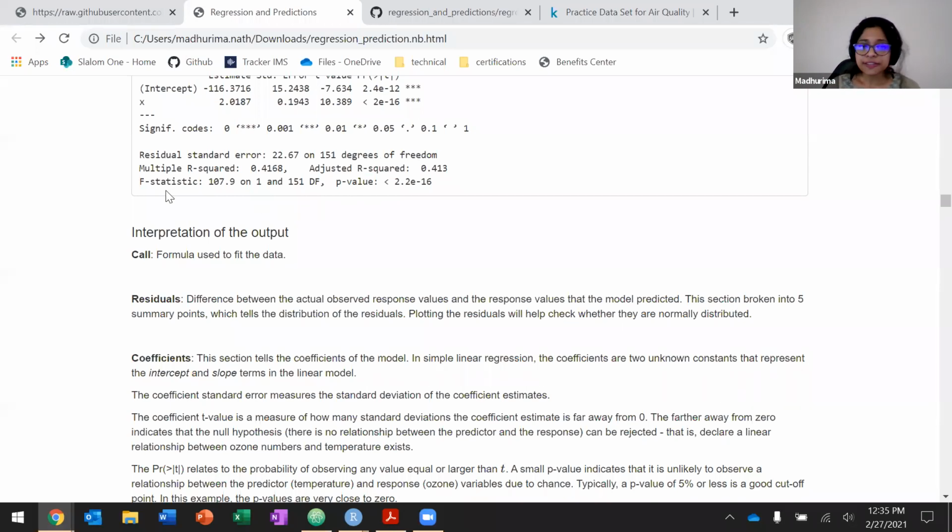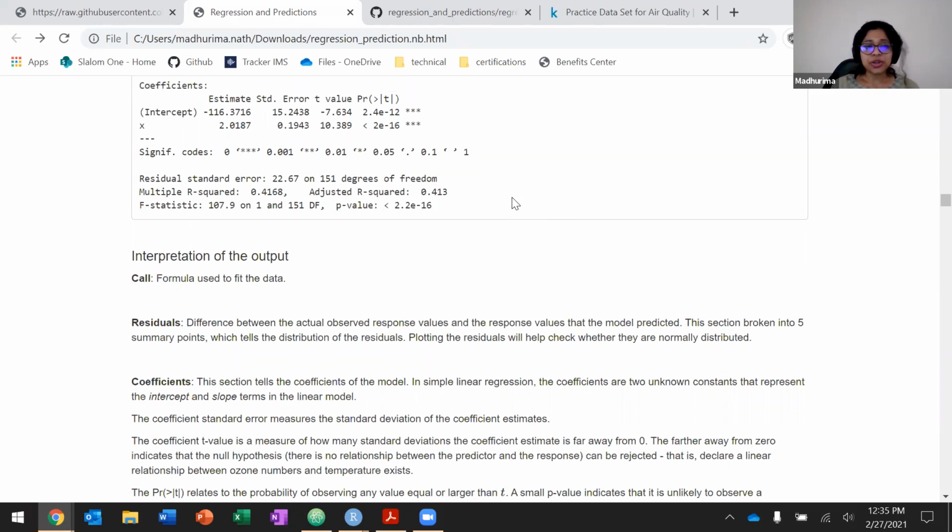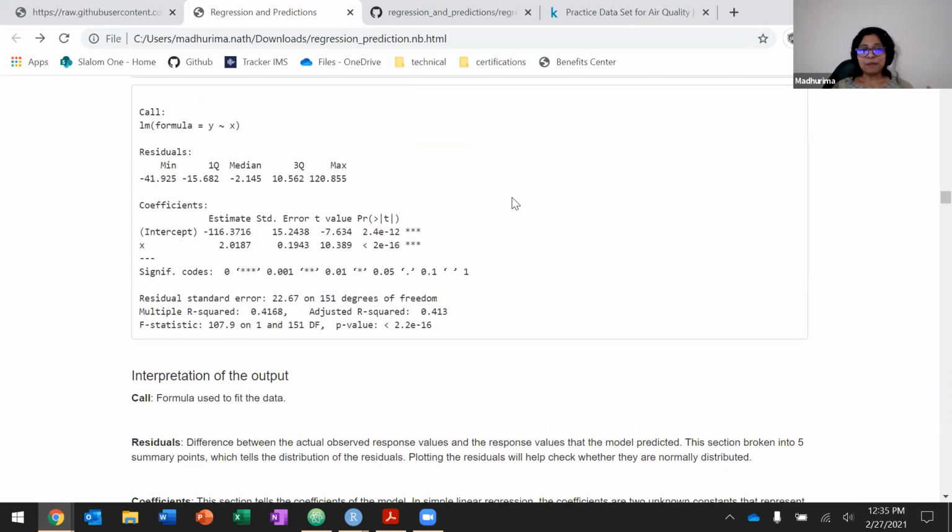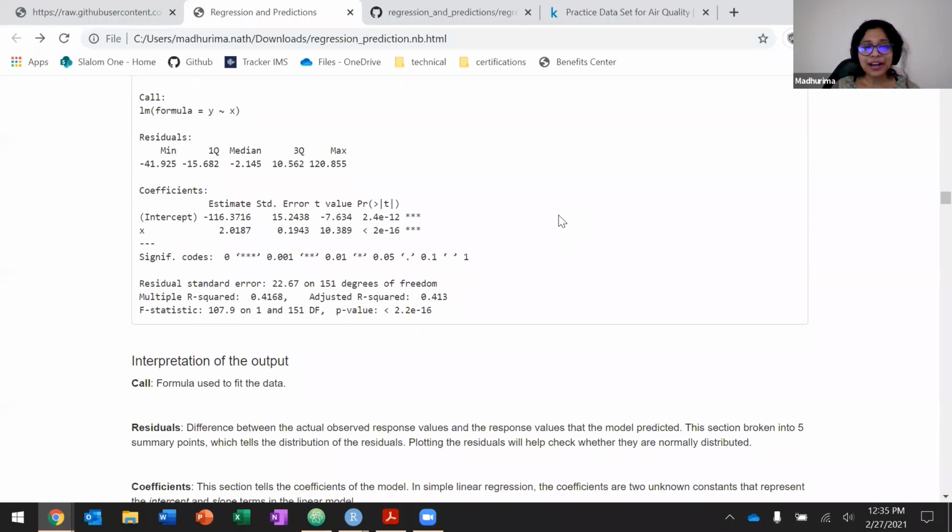The next is the F statistic. The F statistic tells me if there is a relationship between X and Y being tested. Generally, the further away from 1 it is, the stronger the relationship is. And the smaller the p-value, the more confidently I can reject my null hypothesis that there exists no relationship between X and Y. I know it sounds very repetitive because all of these are trying to tell you that there exists a relationship between X and Y, and that is what we have been trying to figure out from our model.